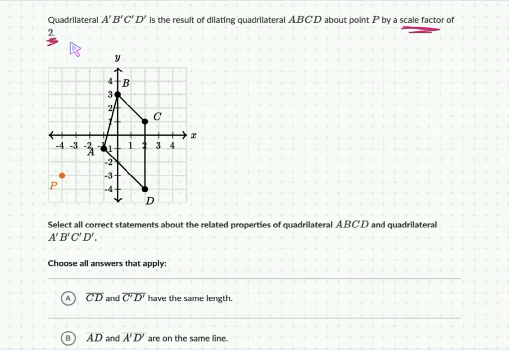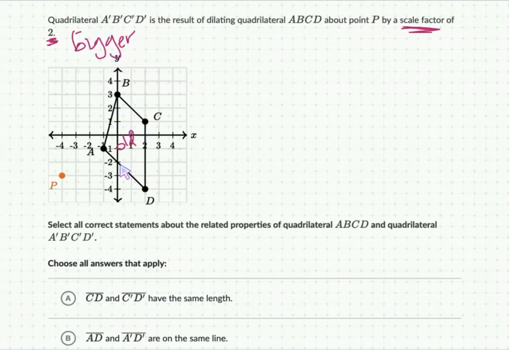And remember, we're making similar shapes now. Quadrilateral A prime, B prime, C prime, D prime is the result of dilating quadrilateral ABCD about point P by a scale factor of 2. Okay, so this is the old one. The new one dilated by a scale factor of 2, so it's going to become bigger.